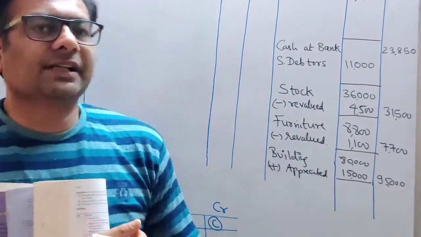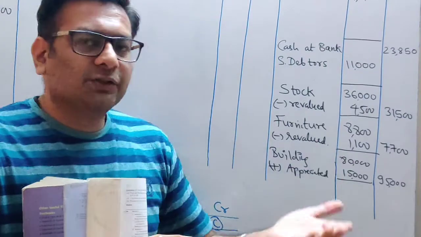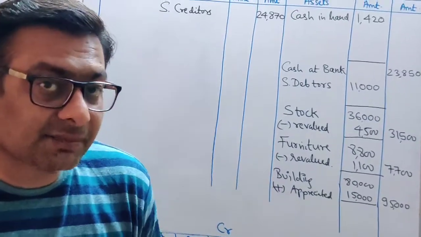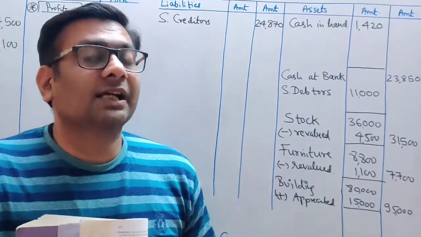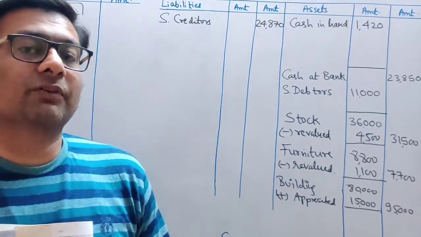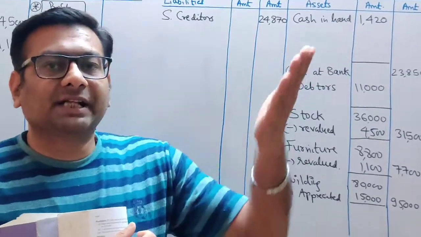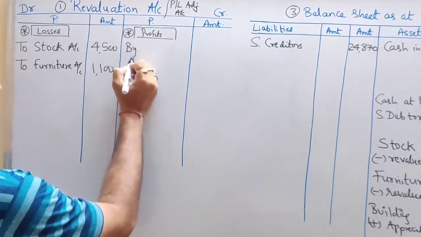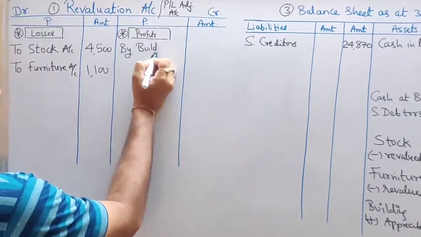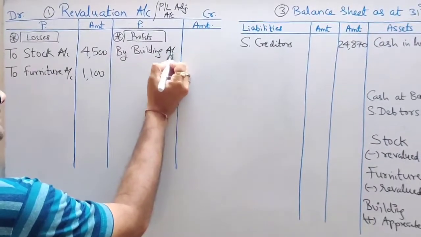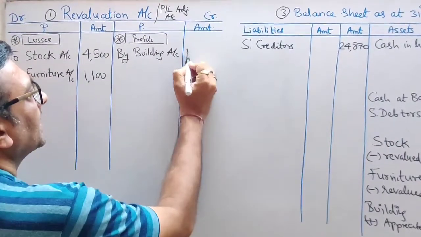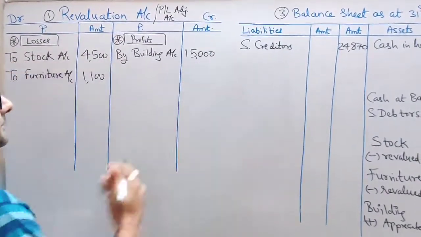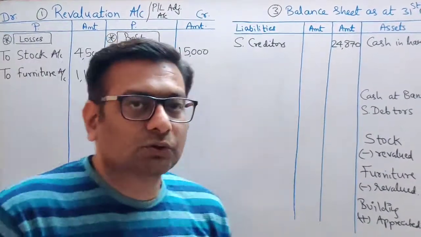The building's value is increasing. If the building value increases, is it a profit or loss? Yes, you all are correct. It's a profit. Whenever the value of the building increases, it's a profit, and profit you will write on the credit side by the building account. And the value is 15,000. So we have given two effects.